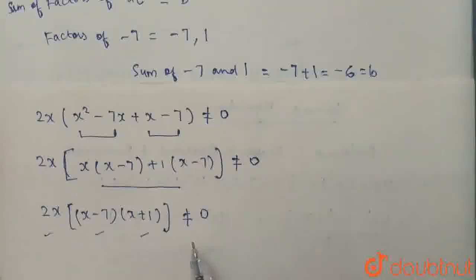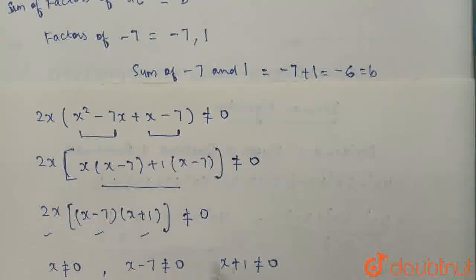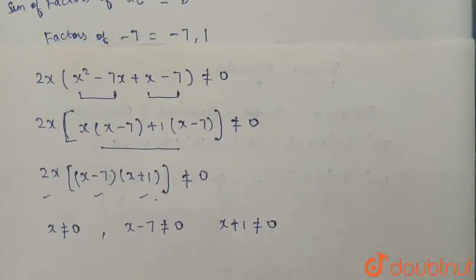So the product should not be equal to 0. That means none of the terms should be 0. That is, x should not be 0, x minus 7 should not be 0, and x plus 1 should not be equal to 0. Then only the product of these three terms will not be 0. So this means that x should not be equal to 0.